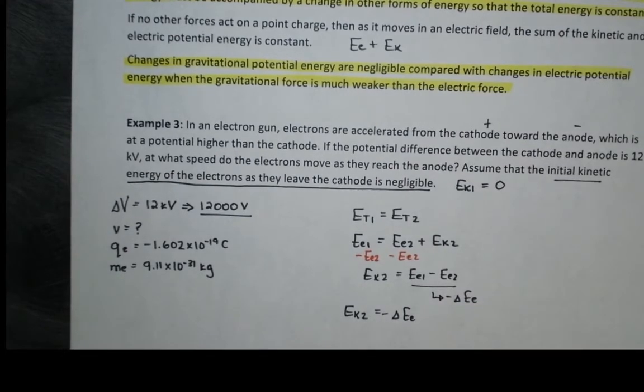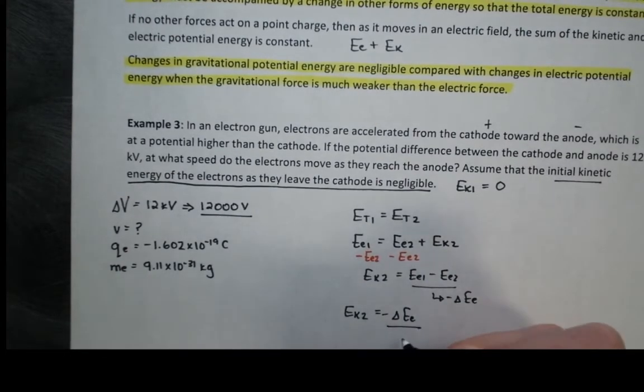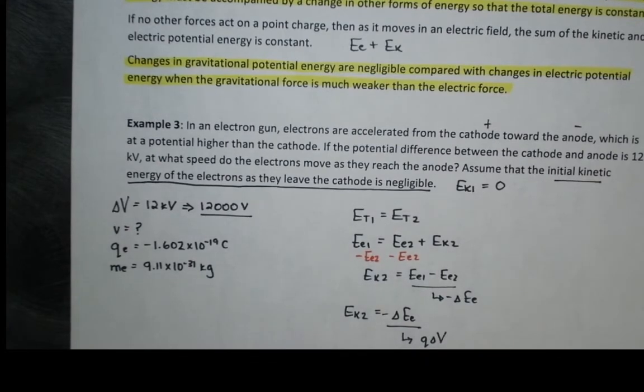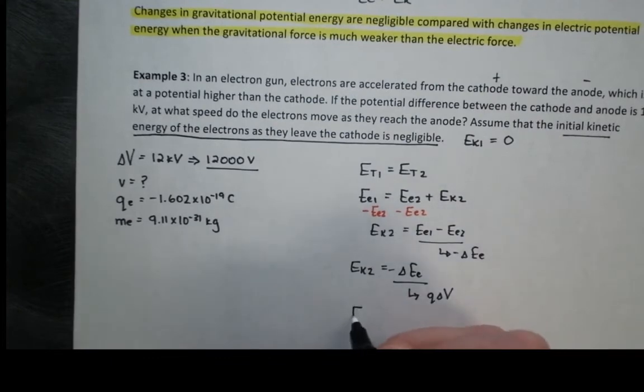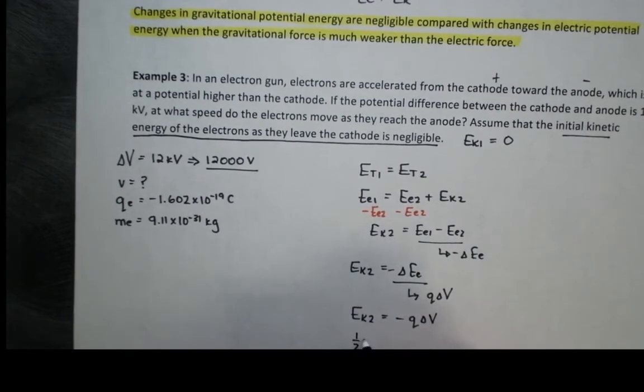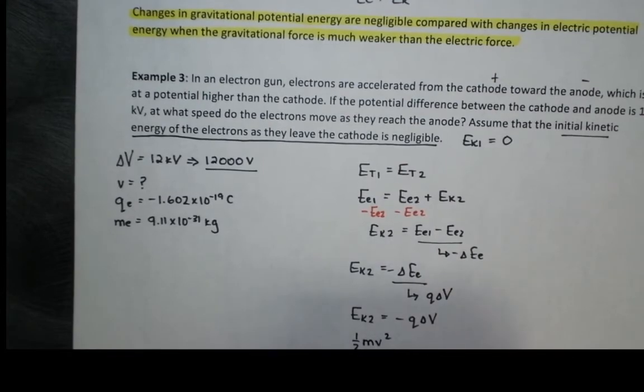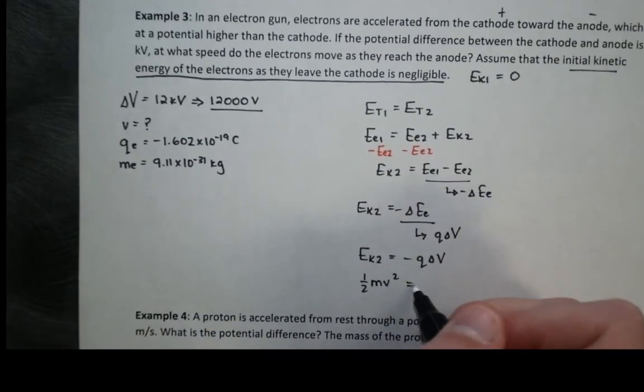And from our formula sheet, we know that this is really Q times delta big V. So we're left with EK2 equals negative Q times V. Kinetic energy is half mv squared.